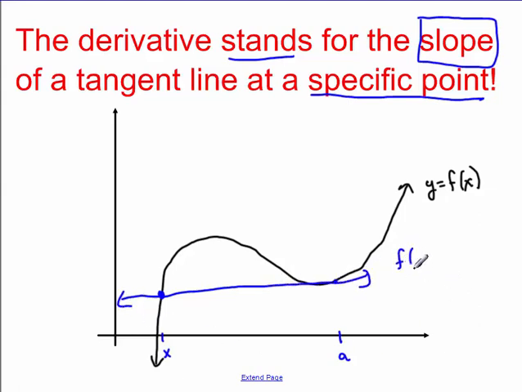Well, that's f of x minus f of a all over x minus a. But remember, we're looking for the slope of the tangent line, and I'll draw the tangent line in at point A. It would look something like that. So I need to bring x towards a. That's why it's a limit.